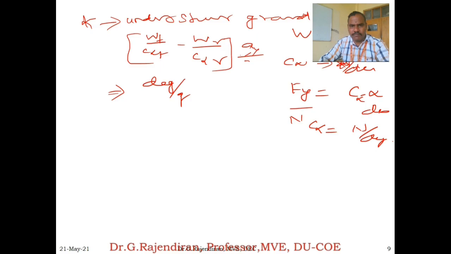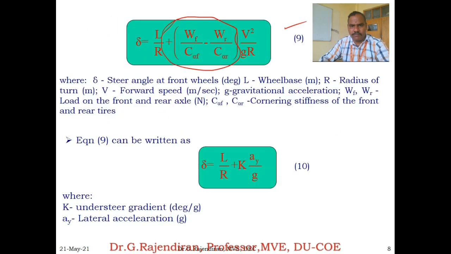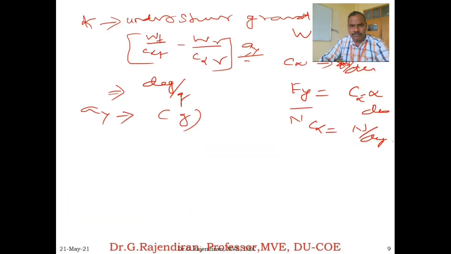Degree per G acceleration. Correct? And then AY is called the lateral acceleration, in G units. So finally we can get the degree, because our input is delta, the steering angle. We need degree only. Correct?